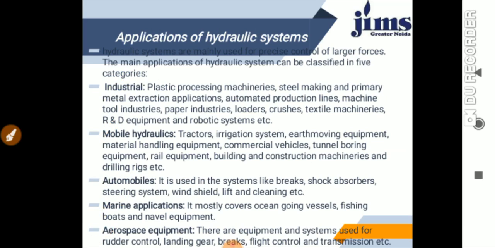There are equipment and systems used for radar control, landing gear, brake, flight control, and transmission, etc., which are used in aeroplanes, rockets, and space transmission. So these all are used in space transmissions.